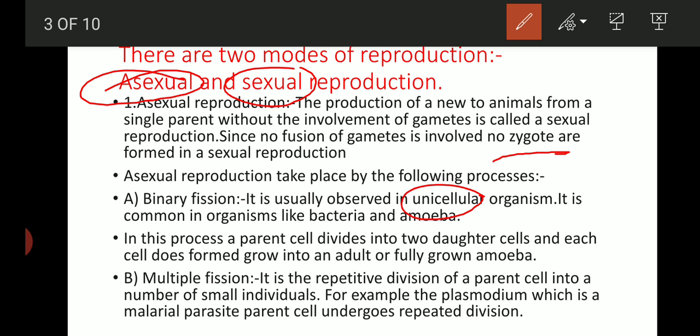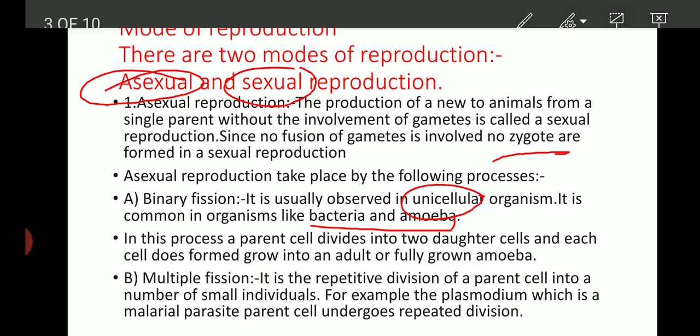It is common in organisms like bacteria and amoeba. Both are unicellular organisms. In this process, a parent cell divides into two daughter cells and each cell thus formed grows to form a fully grown amoeba.